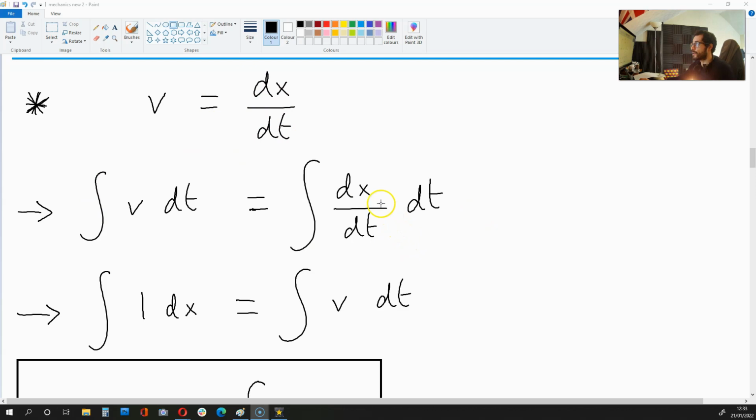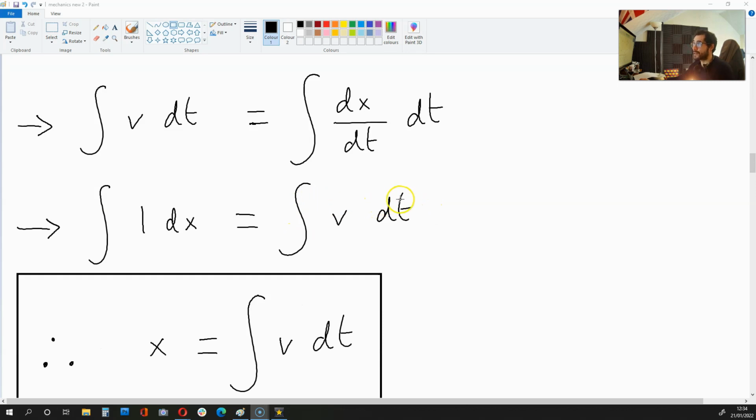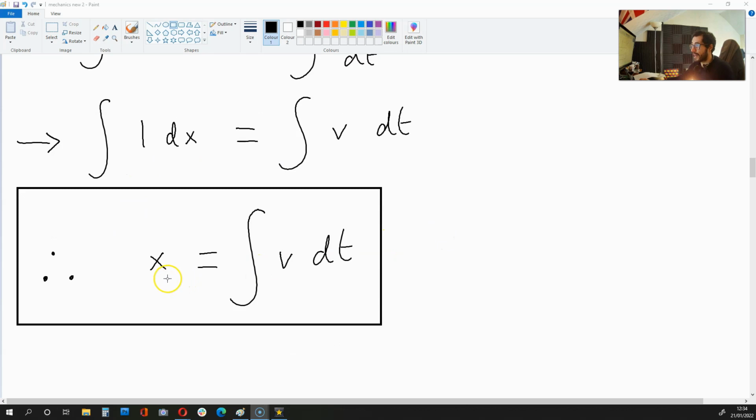And because we have dx over dt and dt over here, what this leaves us with is this. So simply, we have displacement. Okay, to obtain the displacement from the velocity, you integrate with respect to time.